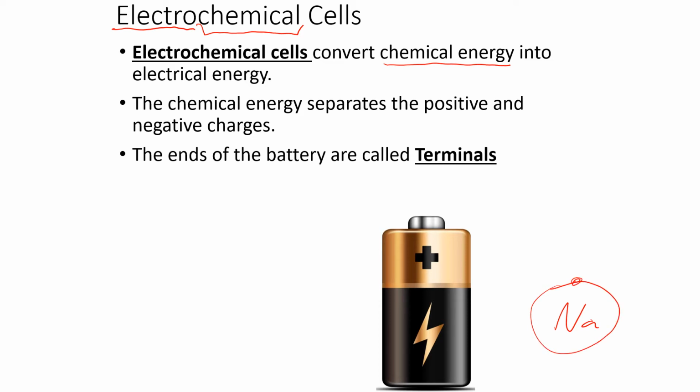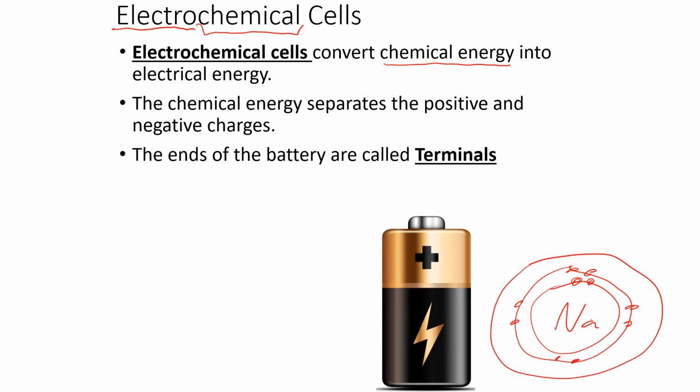Normally it has 2 and then 8 electrons, and then it has 1 electron way out there. And lithium has 2 electrons and then has 1 electron right here.